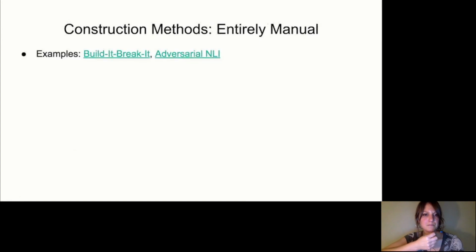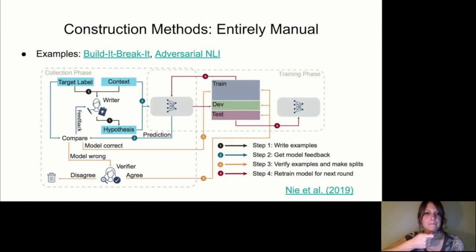So I'll give a few case study examples of how some of these data sets have been generated, both the data source and the label source. So one is the entirely manual approach. And some really good examples of this, like I've already mentioned, are build it, break it, and adversarial NLI. I think there's a lot of merit to this type of approach.